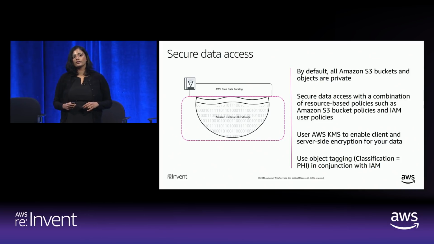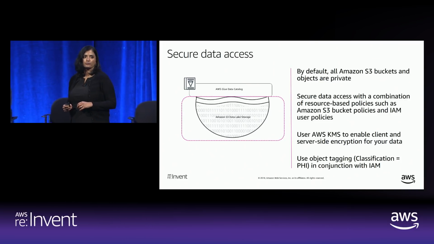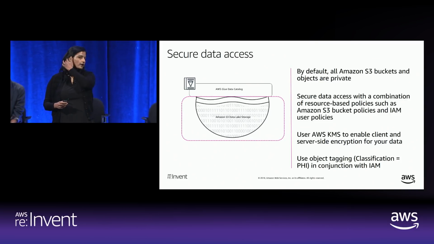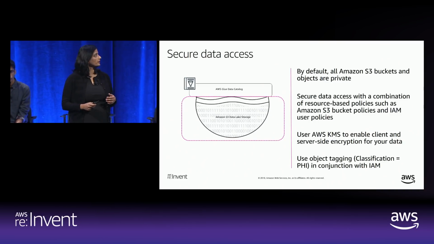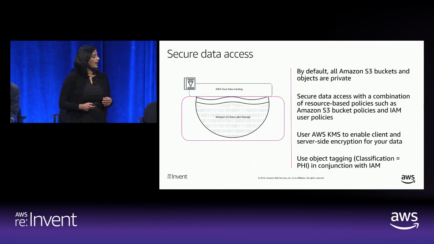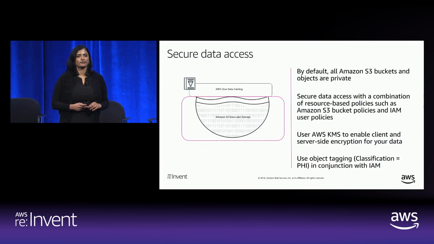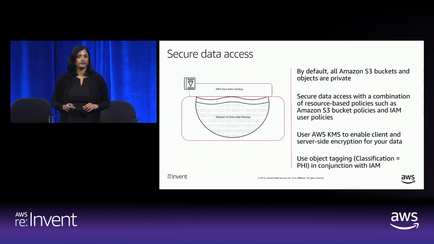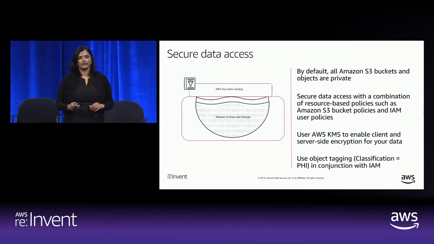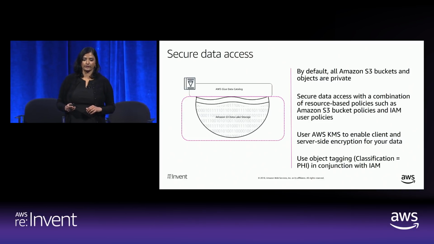You can also use AWS KMS to encrypt data both in transit as well as at rest. And you can use object tagging and enable tag-based policies to get access to the data that you have stored in S3. But securing data is only part of the story.